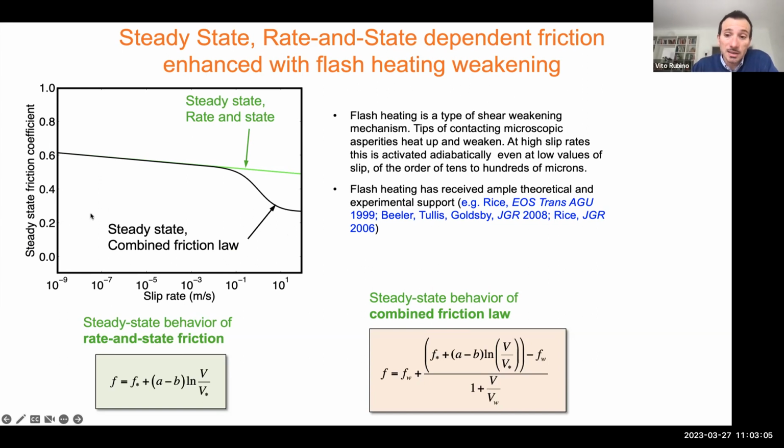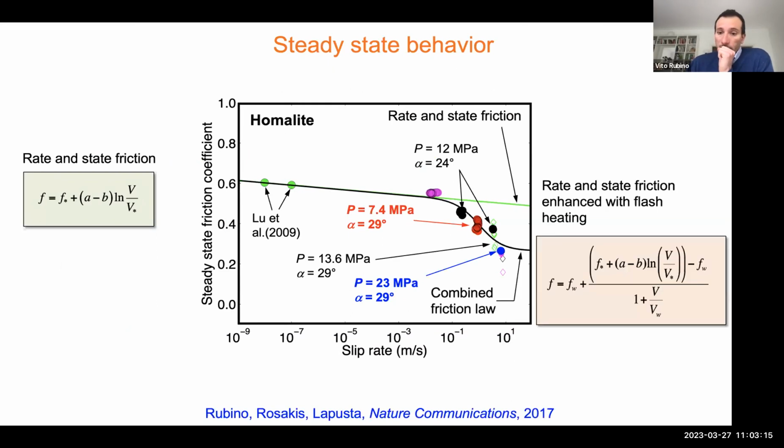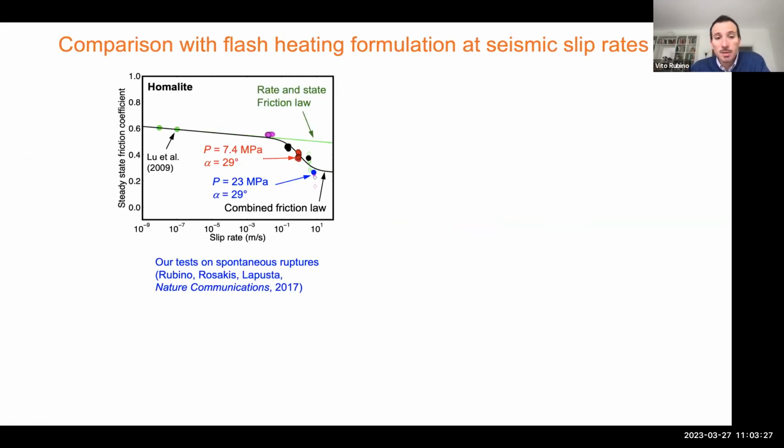And the point is to see whether the flash heating can actually predict, or is consistent with, our pronounced weakening. And if we do that, then we see that indeed our measurements are consistent with the flash heating law. This is a good indication that this may be an operating mechanism.